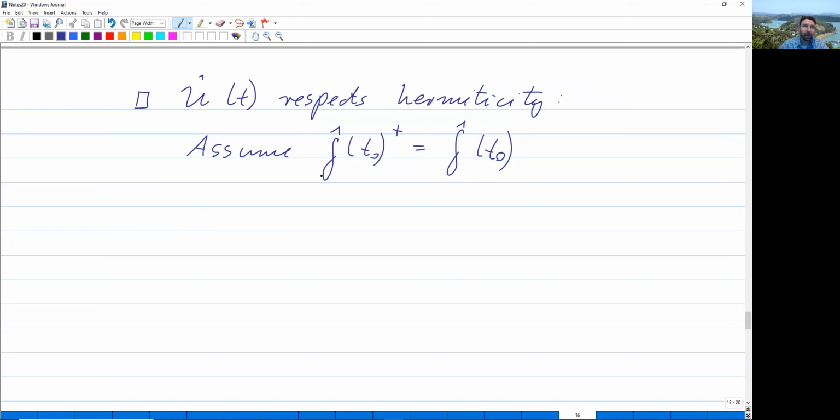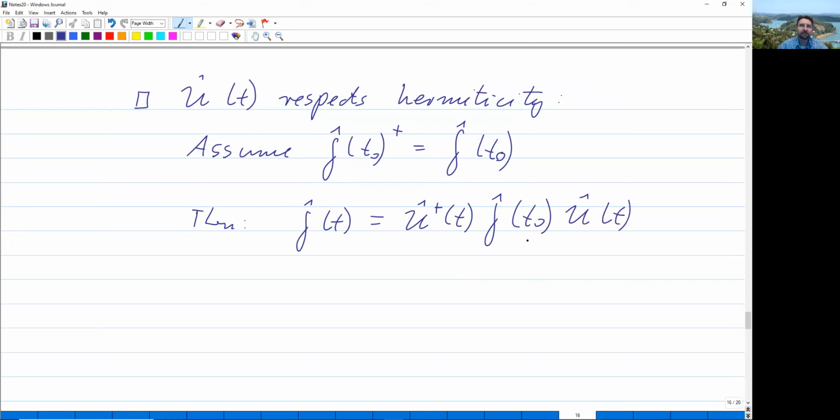Now, we know that u hat of t is propagating it forward in time. So then we have that f hat of t is equal to u hat dagger of t, f hat of t naught, u hat of t. Remember, this is what the time evolution operator does. That's its job. It takes an observable at some early time and then tells you what the observable is at a late time.